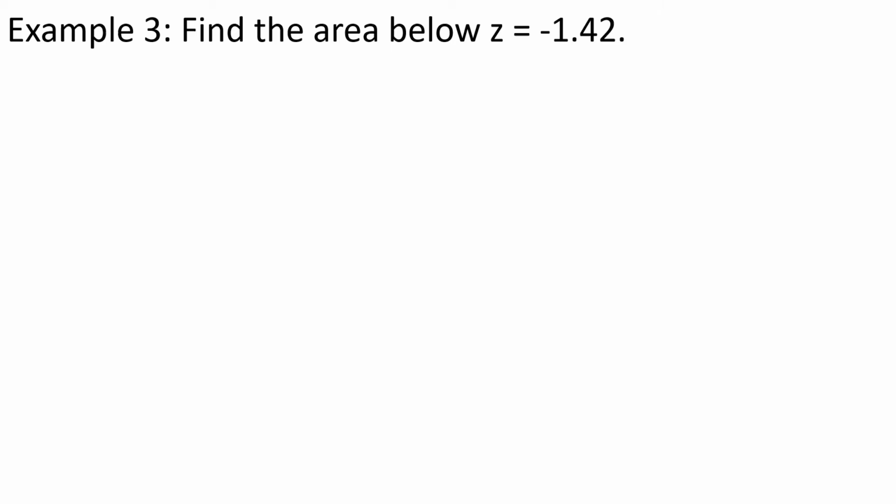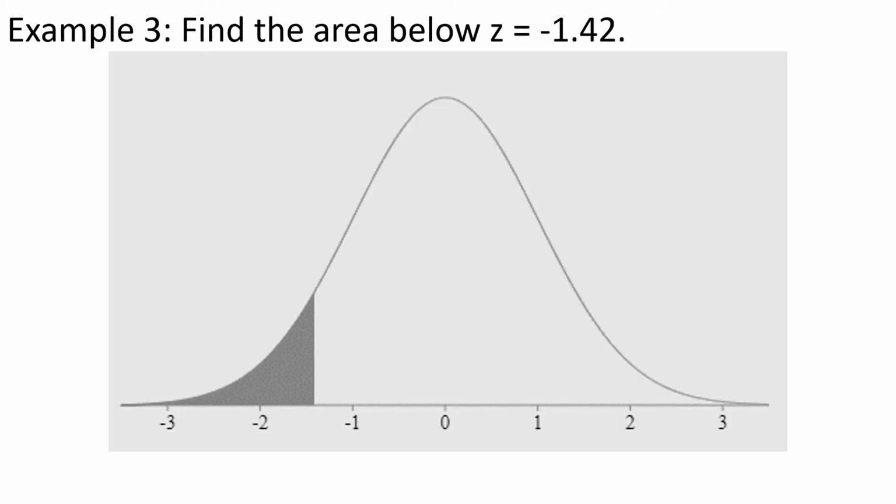So these four terms mean the same thing. Now let us continue finding the area of this region, which is below z is equal to negative 1.42. Recall that this curve is divided into two. The z table gives us the area only of this region, that is from 0 to a certain positive number.